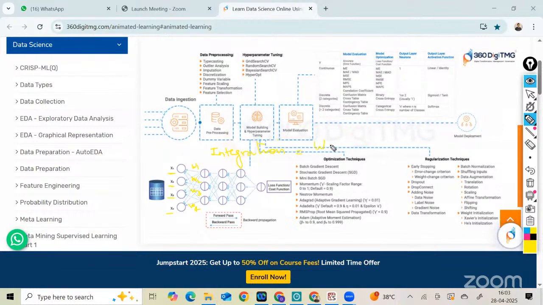Within this integration, we do a dot product of the inputs with the weights, and a summation of all these inputs with respect to their weights.